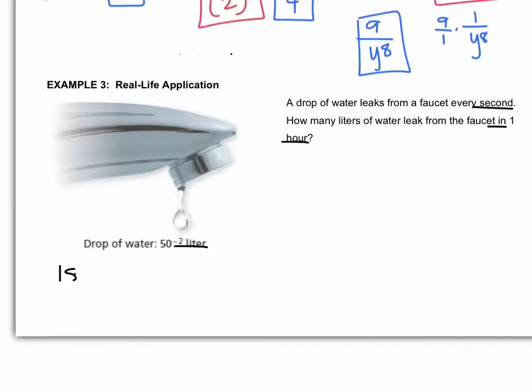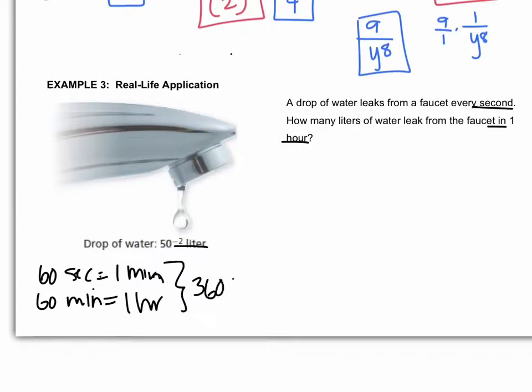So 60 seconds is 1 minute, and 60 minutes is 1 hour. So how many seconds are in an hour? Well, that's 3,600 seconds per hour.